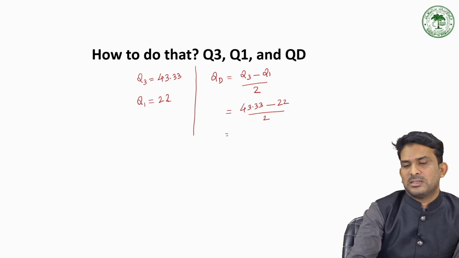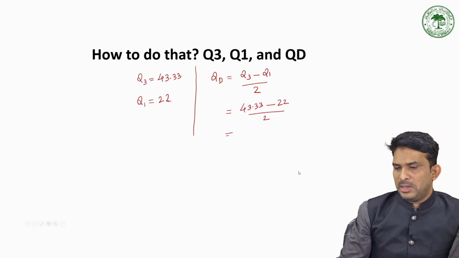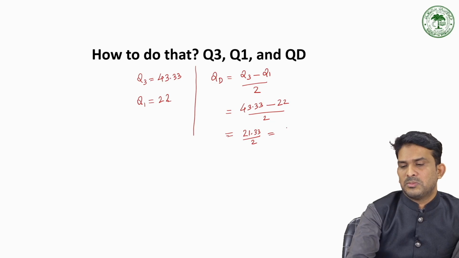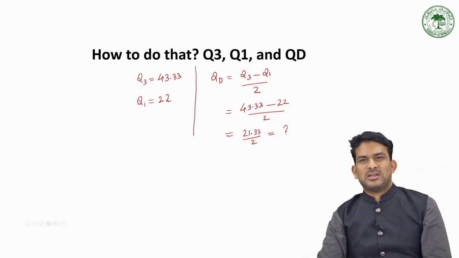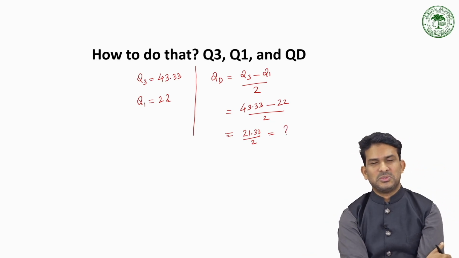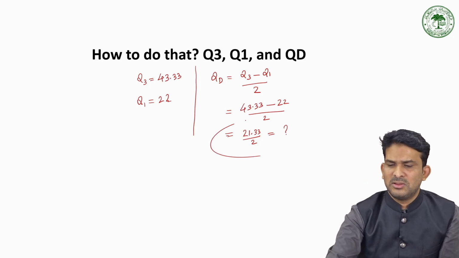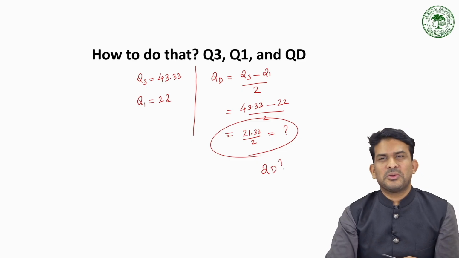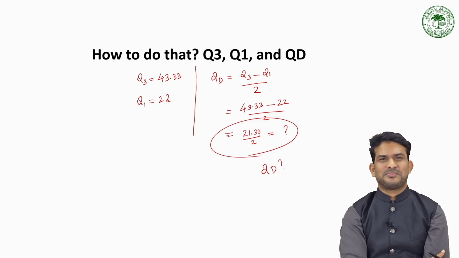What is it? 43.33 minus 22, so I have 21.33 by 2. Go for the value. What is the value for quartile deviation? You can do that, right? What value did you get for quartile deviation?